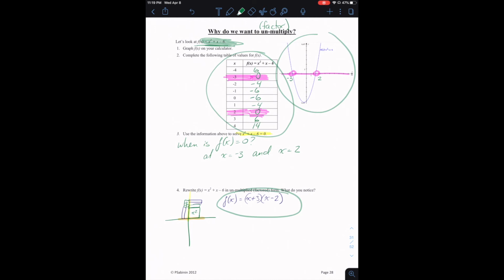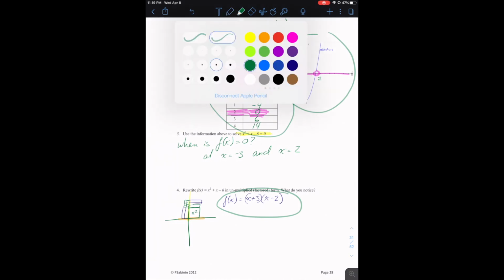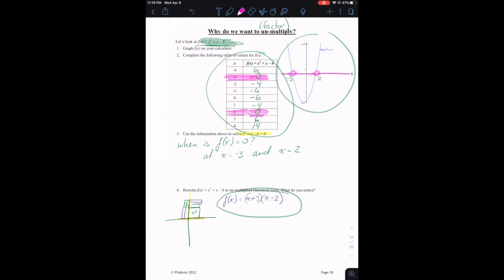And we know that for all of these, the graph crosses the x-axis, or the function is equal to 0, at x equals -3 and x equals 2. So what do we know? And we identified those zeros for the graph and the table, but what do we know from this unmultiplied or factored form, which would help us identify -3 and 2?